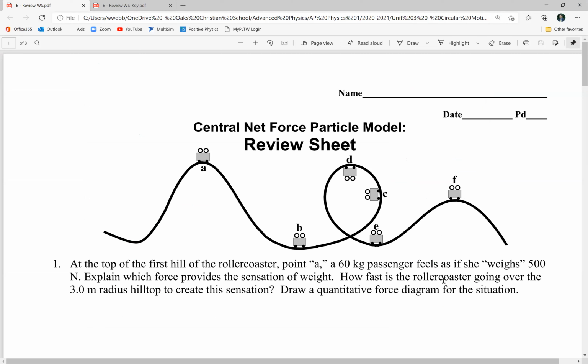All right, I'm going to talk through part 1 with you, and then we'll put you into breakout groups and have you try the rest of it. So not the whole worksheet, but the rest of this scenario. If you need to get it from your printer, go for it. If you want to look at it on the screen, that's fine too.